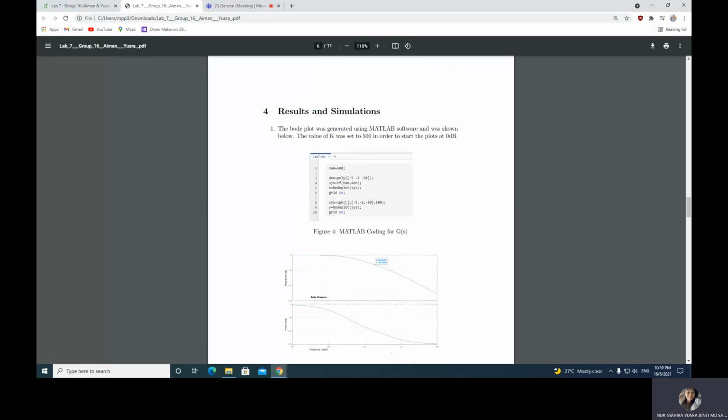From the results we obtained, we also conclude that a system with greater gain and phase margin can withstand greater changes in system parameters before becoming unstable. As a result for part B, the system with greater gain and phase margin had a wider range of values of K that makes the system stable.